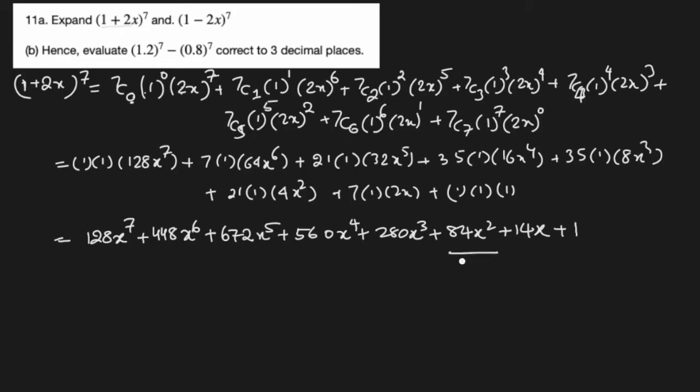Okay, so I have expanded 1 plus 2x to the power 7 by simplifying this with the help of a calculator. Now next is 1 minus 2x to the power 7.